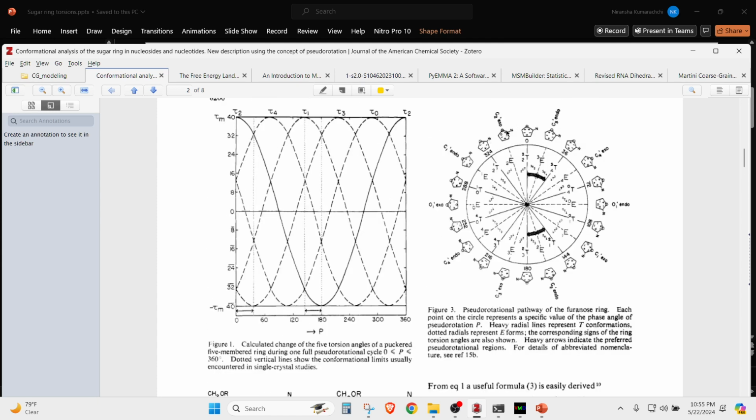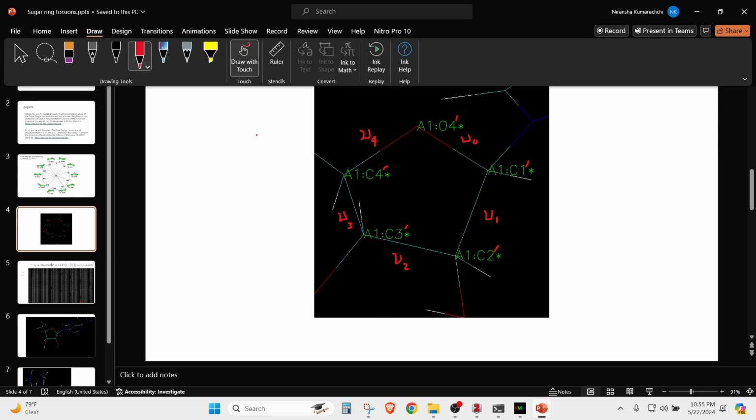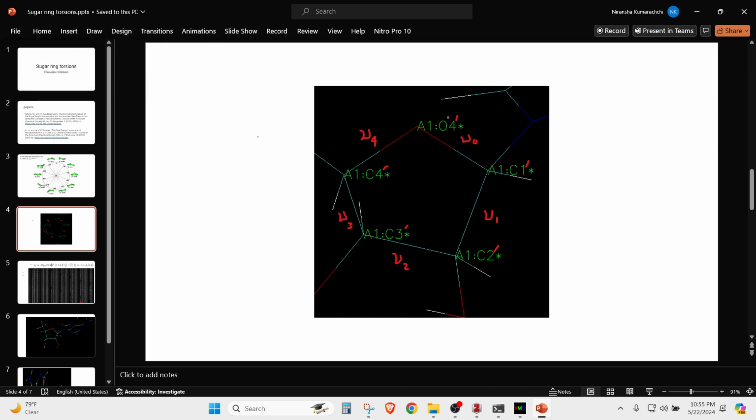Five torsions means, if you have a sugar pucker like this, you can define this sugar pucker with five torsions.